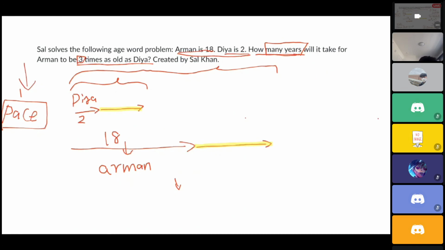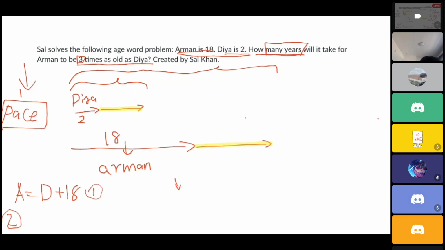Okay. So the two patterns we discovered: A equals D plus 18, right? That's the first one, suggested by Ryan.